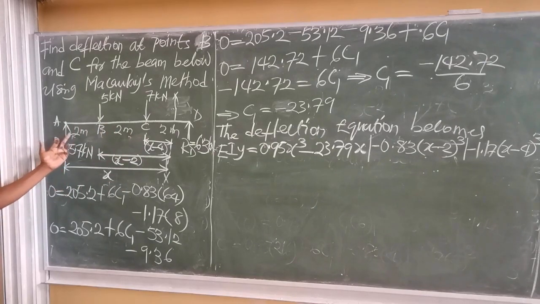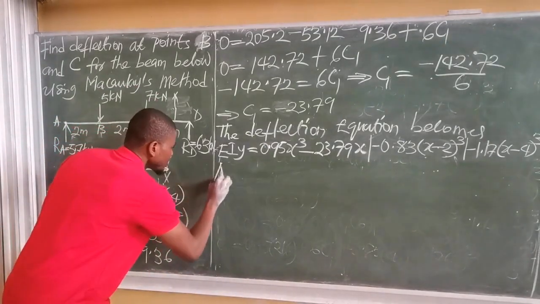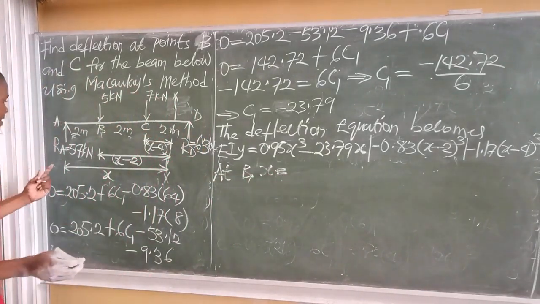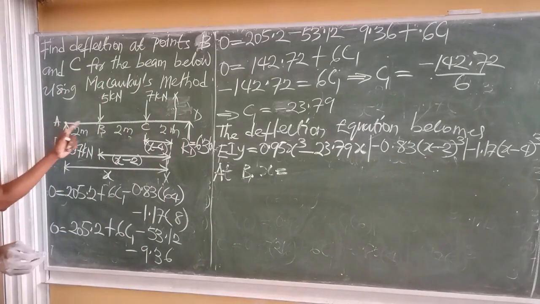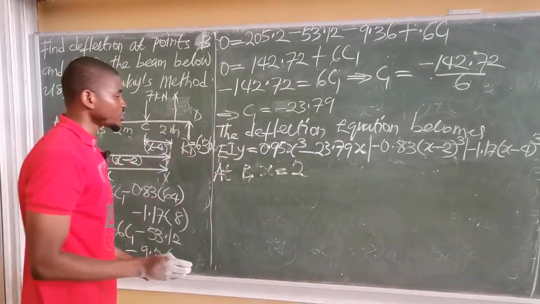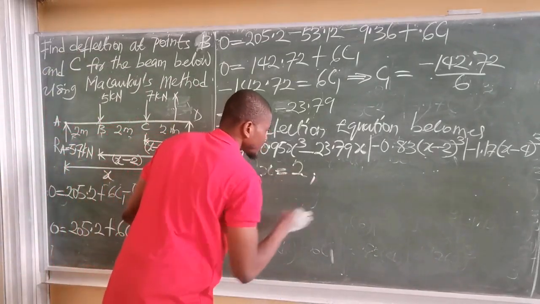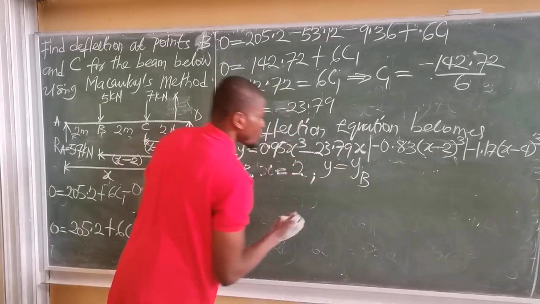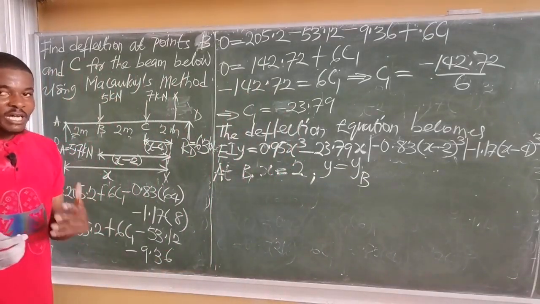The value of x is 2 meters, simply from point A down to point B. Remember, x runs from point A. So the deflection at this point, y, is simply YB. That is the deflection at point B.